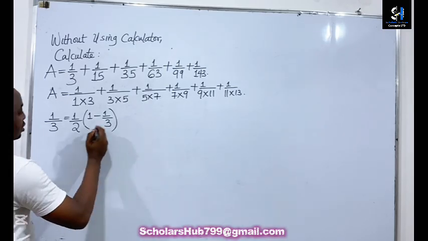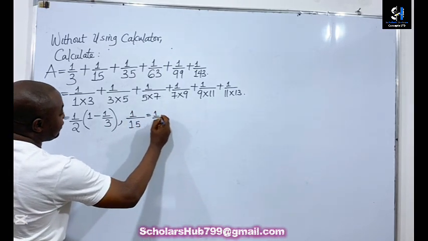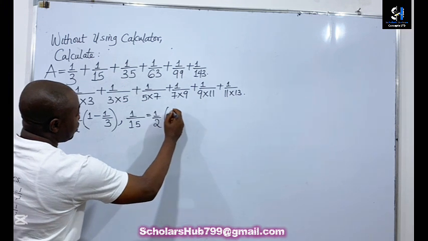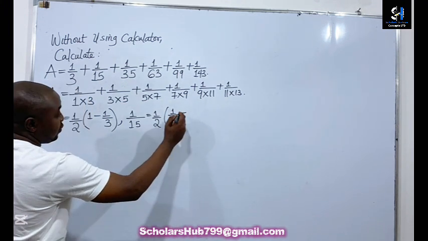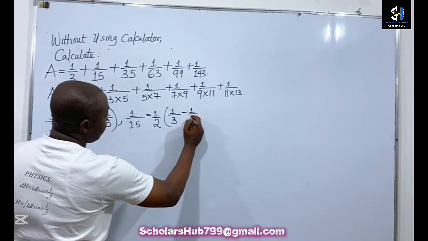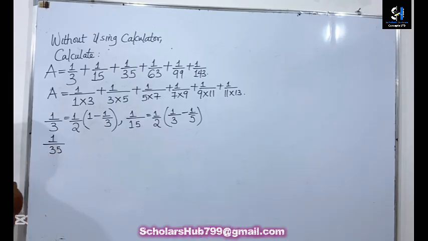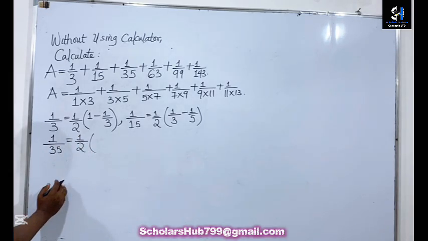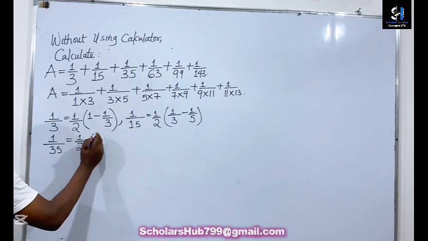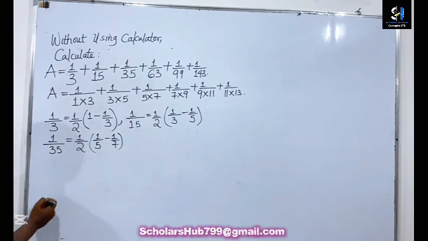Then 1 over 15 will be 1 over 2 times 1 over 3 minus 1 over 5. For 1 over 35, it is 1 over 2 multiplied by 1 over 5 minus 1 over 7.